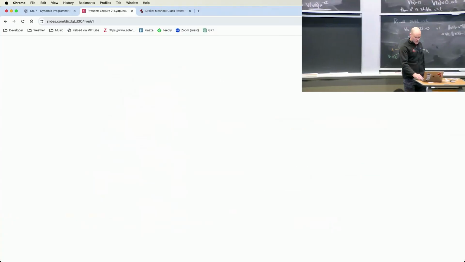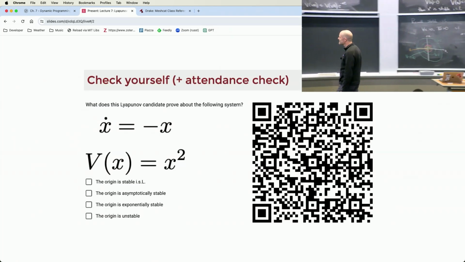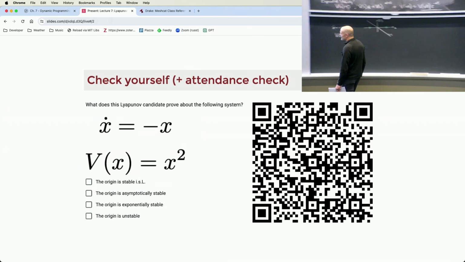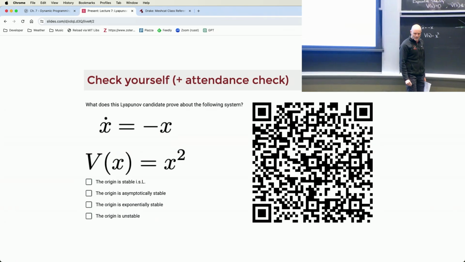And I'll take the chance to do it this way. If you could just plug that in. Is the origin stable in the sense of Lyapunov? Is it asymptotically stable?